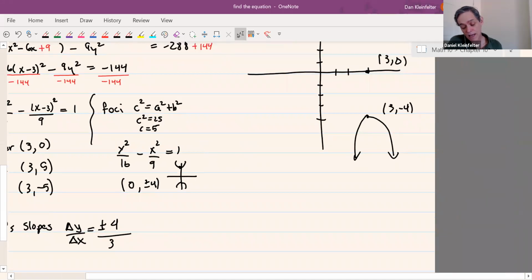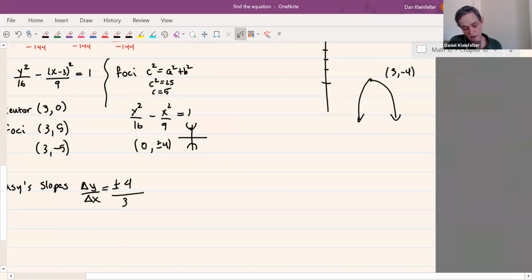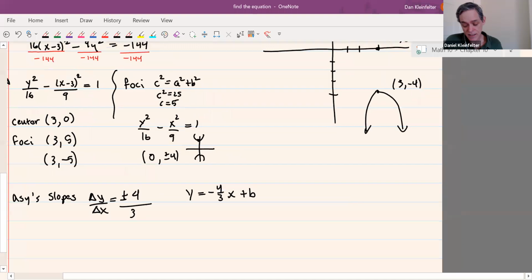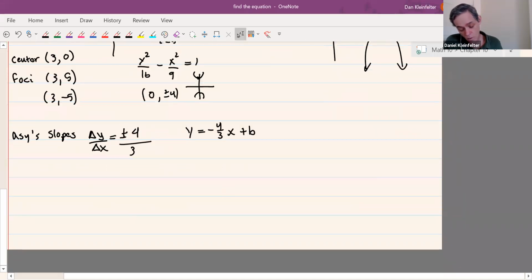And then they will have to pass through the point (3, 0). So let's get those. y will equal -4/3 x plus b. I'm going to do the -4/3 one first. When x is 3, we should have a y coordinate of 0.